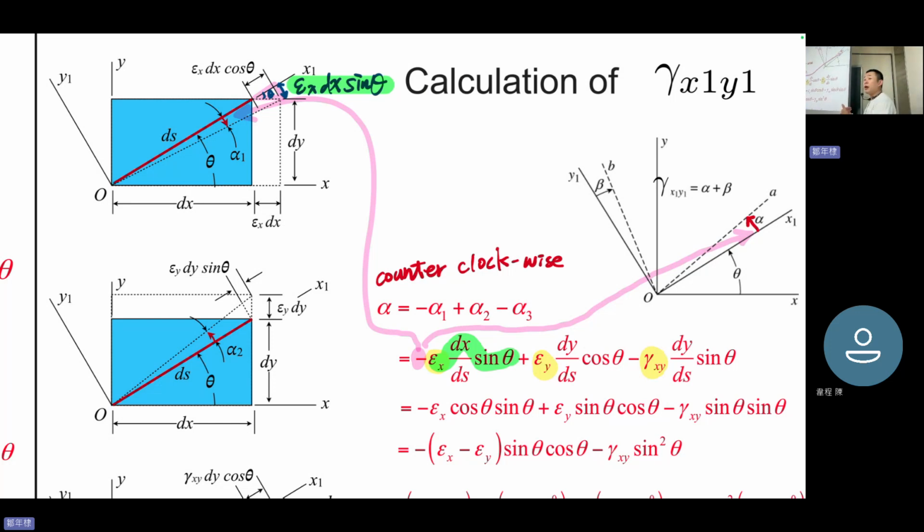And how to get the angle? We divide by ds. Because this is the pie shape, right? This is a pizza shape, a sector. You divide the arc length by its radius, and you can get the change of the open angle. So this is the open angle of this due to the epsilon x.